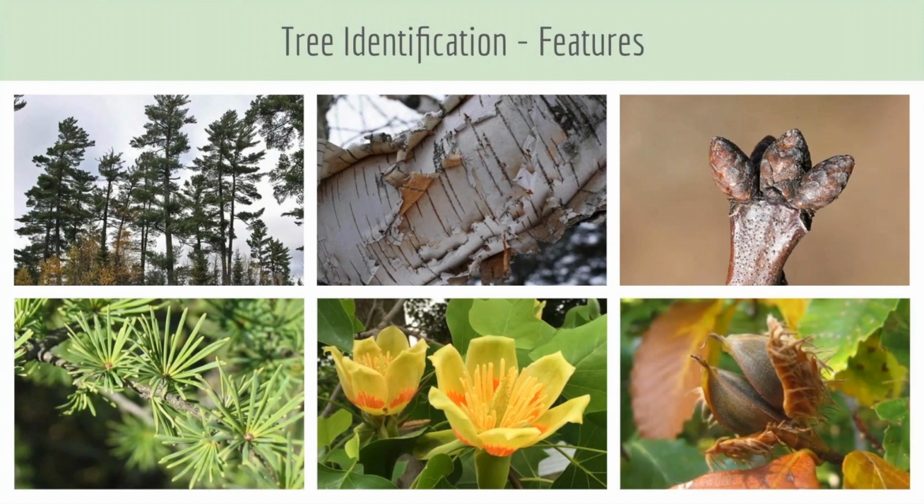So some species have very telltale characteristics, but others are a little bit more obscure. So it's always good to confirm a number of different features before settling on an ID, because different trees might look very similar if you're going off of just one aspect.